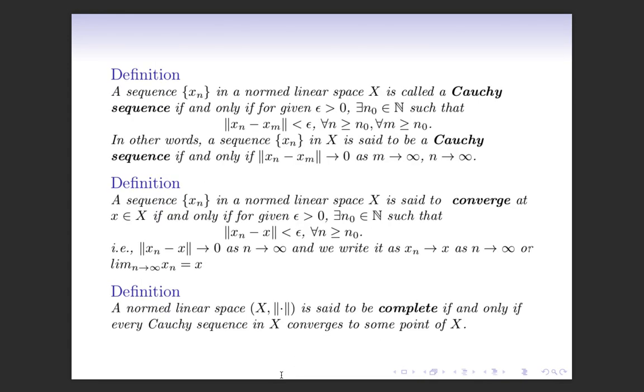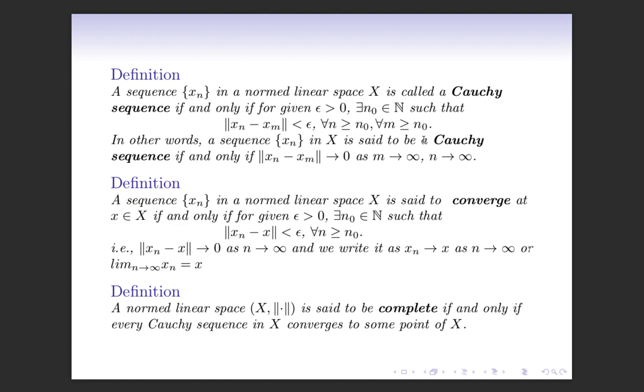Now, we define Cauchy sequence in a normed linear space. A sequence xn in a normed linear space X is called a Cauchy sequence if and only if for given epsilon greater than 0 there exists n naught, a natural number, such that norm of xn minus xm is strictly less than epsilon for all n greater than or equal to n naught and for all m greater than or equal to n naught.